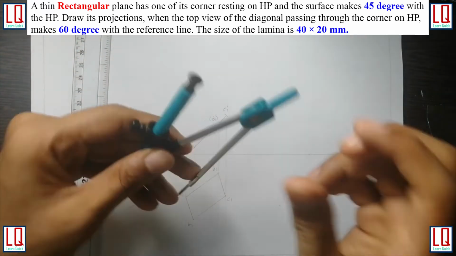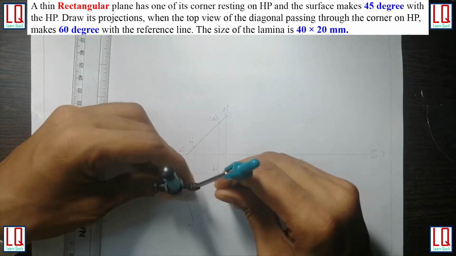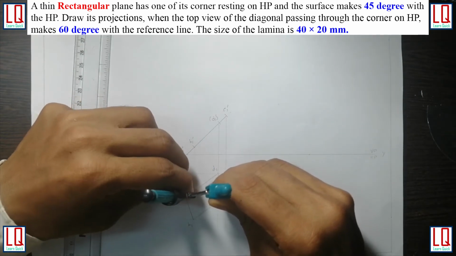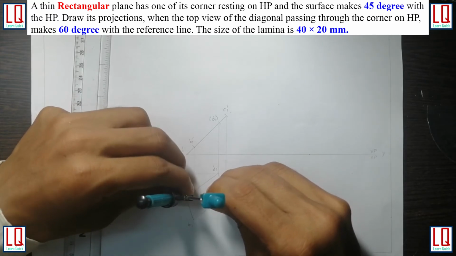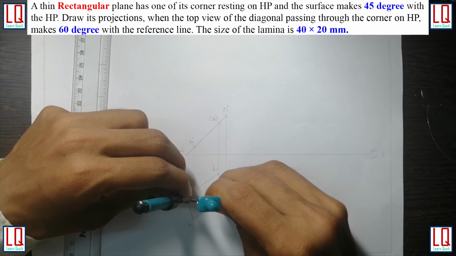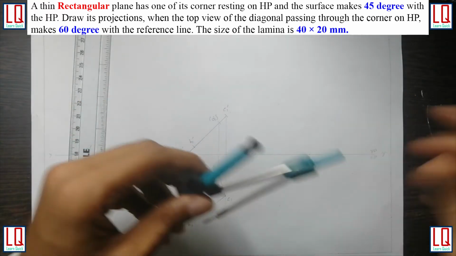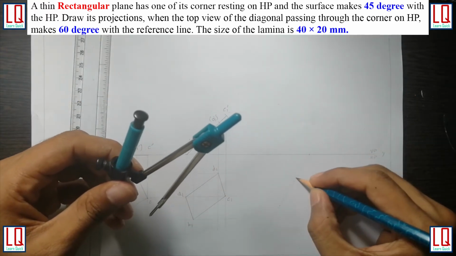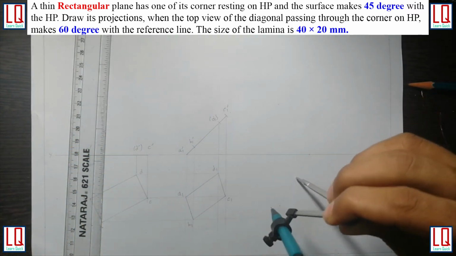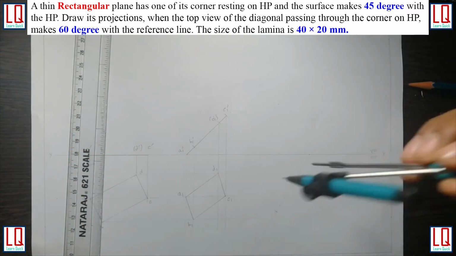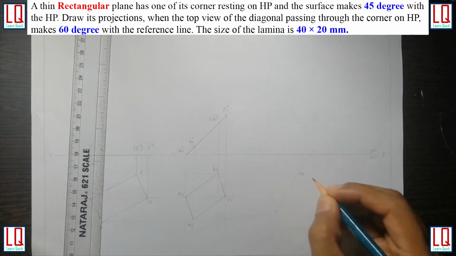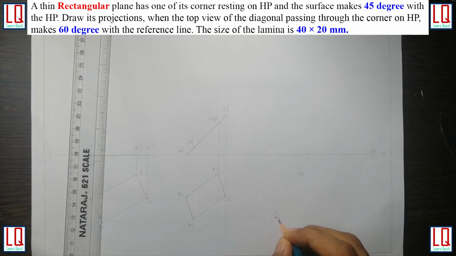Now measure the diagonal A1 C1, consider a point on the inclined line and then make an arc. Now mark this point as C2, A2.